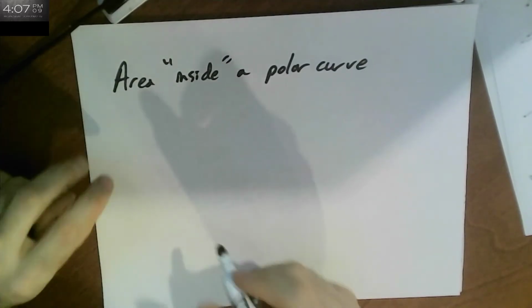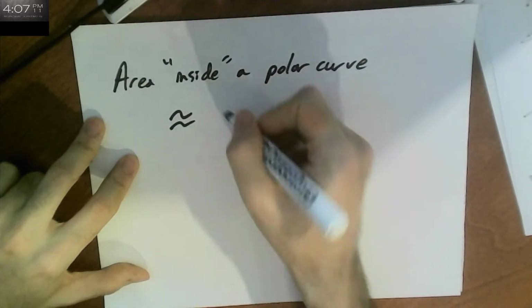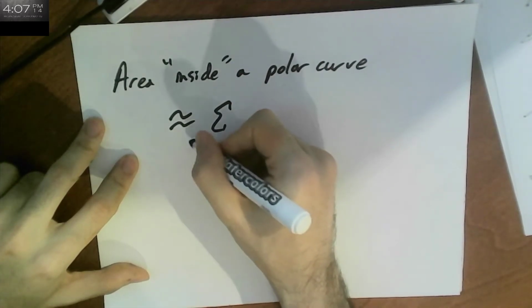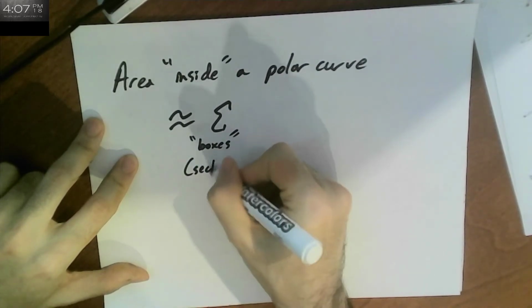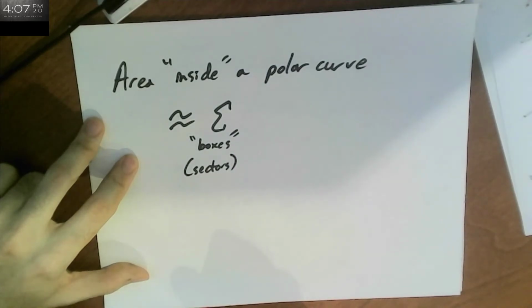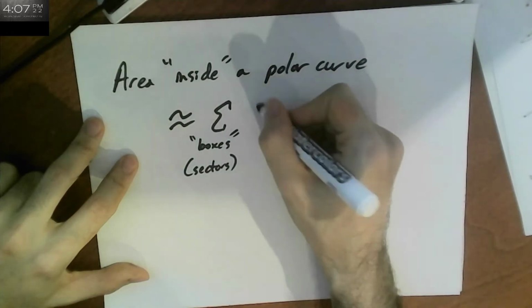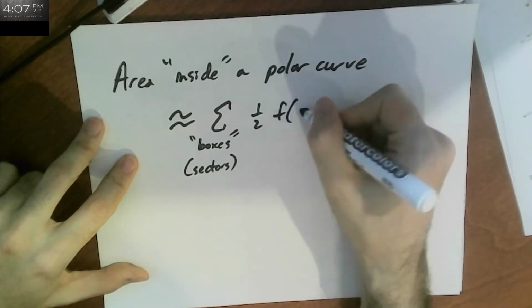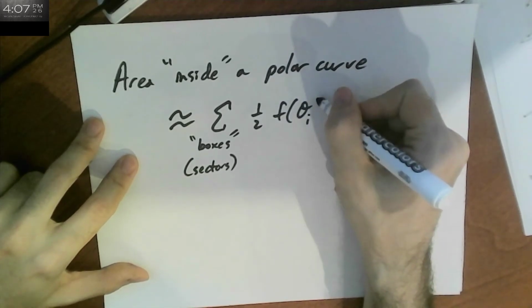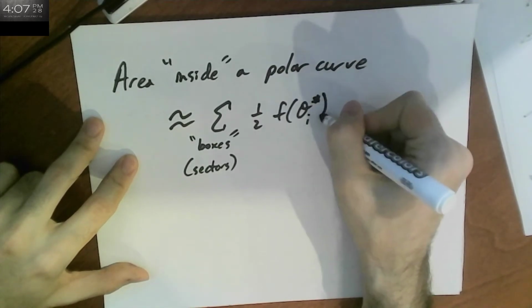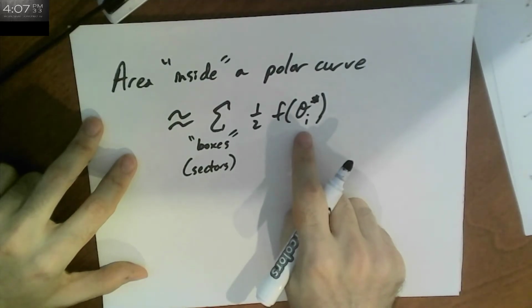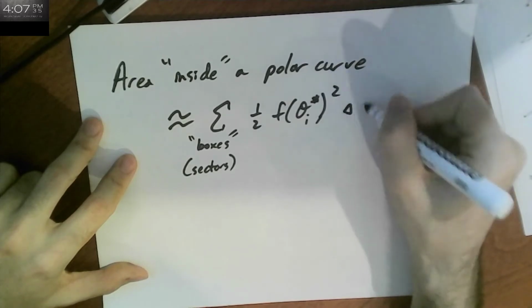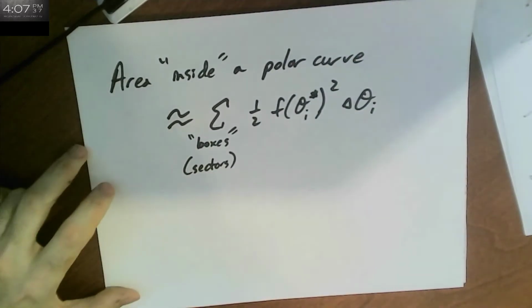So the area inside a polar curve is approximately the sum over the boxes, which are really sectors, of 1/2 f of some theta i star for each interval. The intermediate value theorem says there's some angle you could use, times the widths of the sectors.